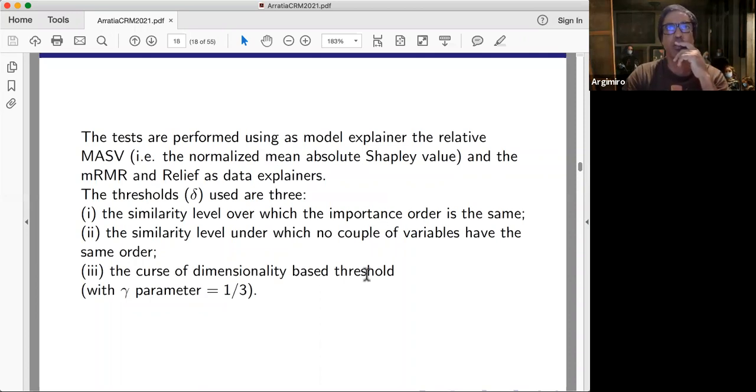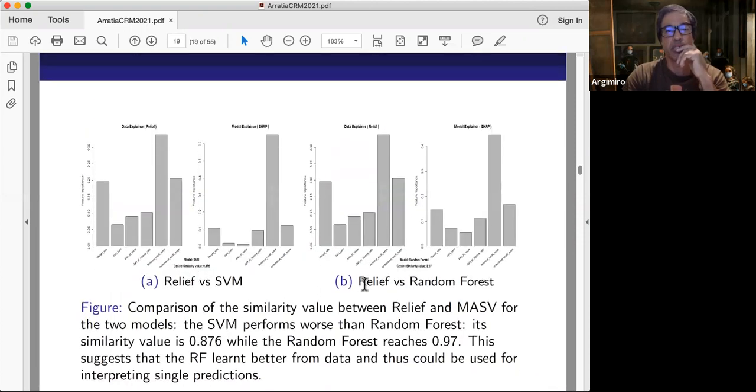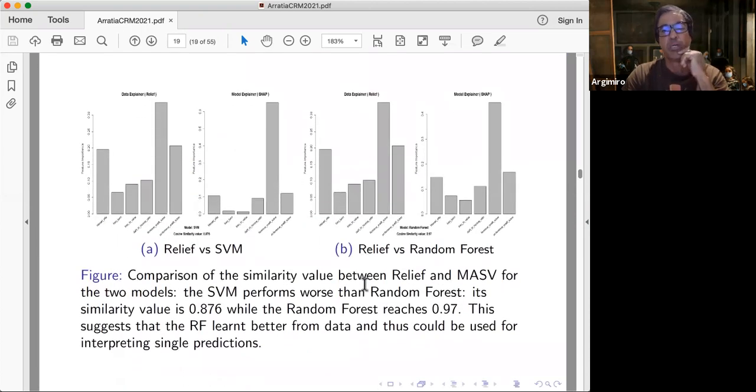Okay, so here is the similarity with respect to the support vector machine and relief, and random forest and relief.